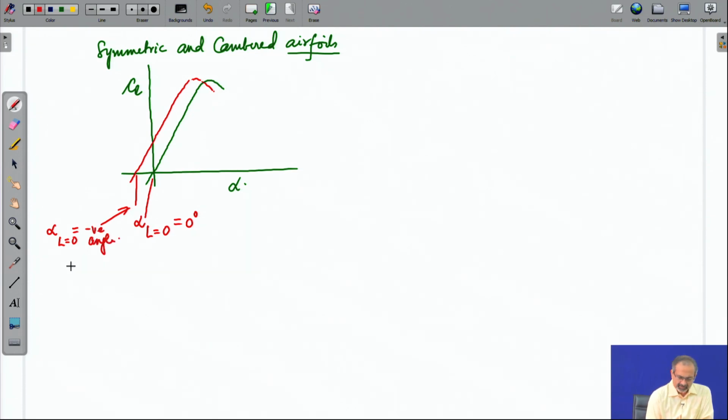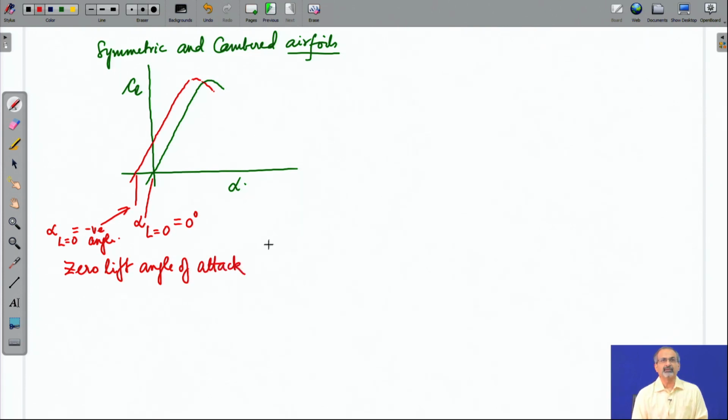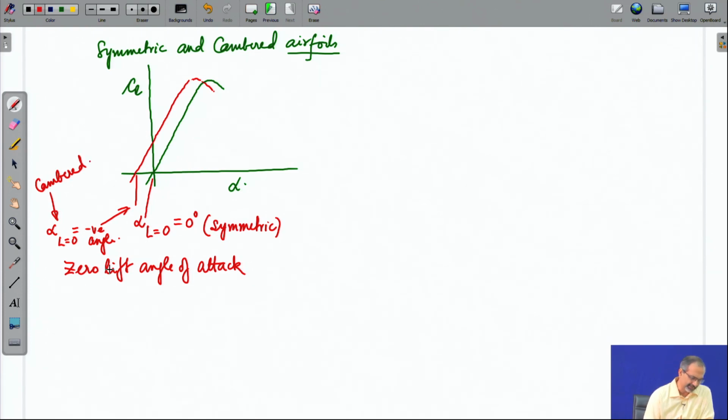There is something called the zero lift angle of attack. That means, the angle of attack at which the airfoil generates 0 CL. What we find is that for a symmetric wing, it is 0 degree, while for a cambered one, it is generally a negative angle, typically in the range of about -2 or -3 degrees.